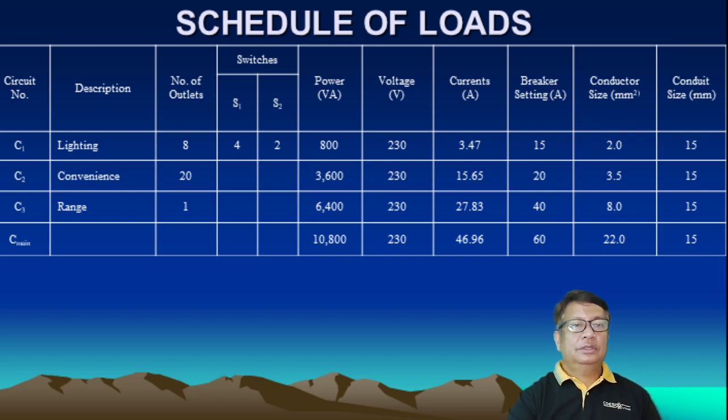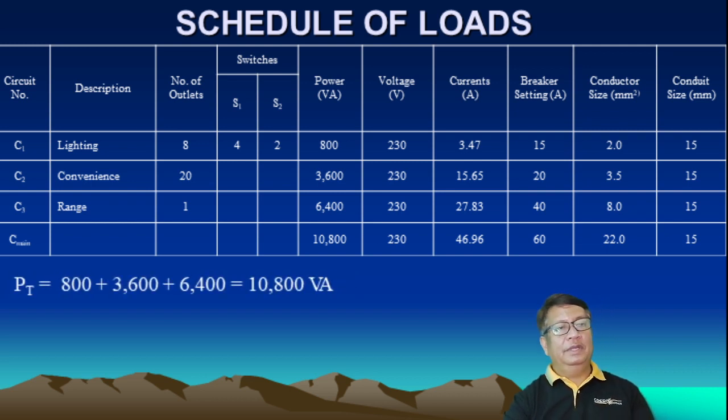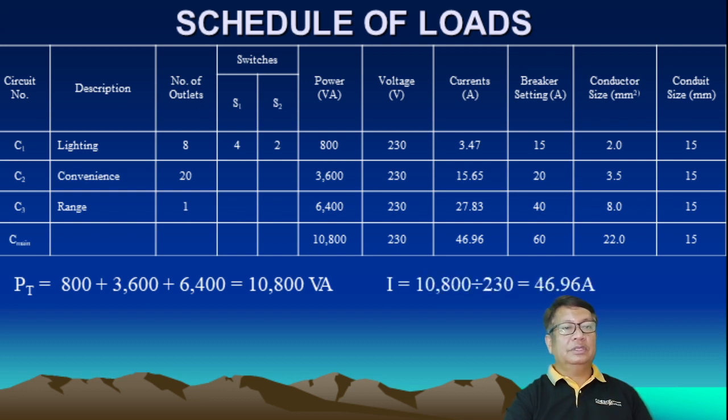Okay, so we have this total power. You have this computation here below the schedule of loads. So you have here the total power of 10,800 as we computed. Show your computations and analysis: we have 10,800 divided by 230, then we have 46.96.